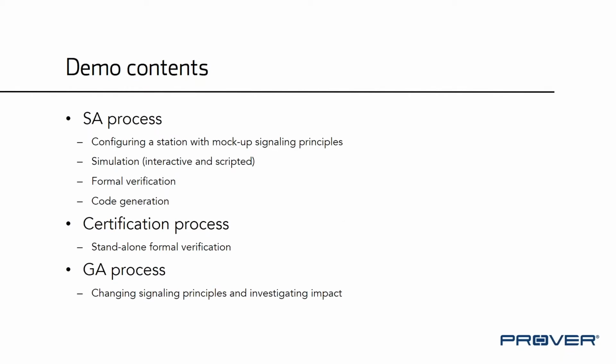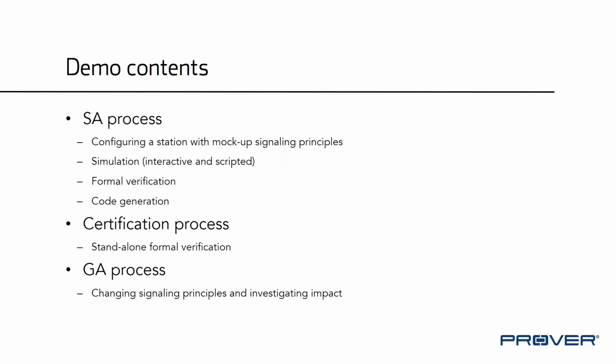The contents of the demo here will be mainly focusing on the specific application process. So assuming that you already have something generic made for your signaling system and you have a new station and you want to create an interlocking for it, how do you do? It consists of first configuring a station with these mock-up signaling principles.